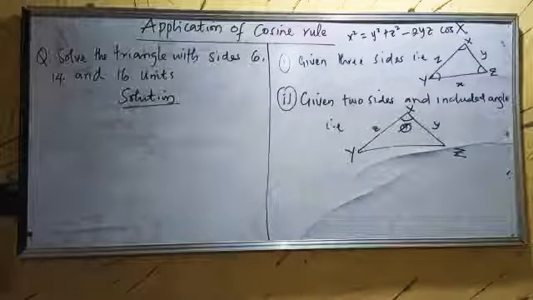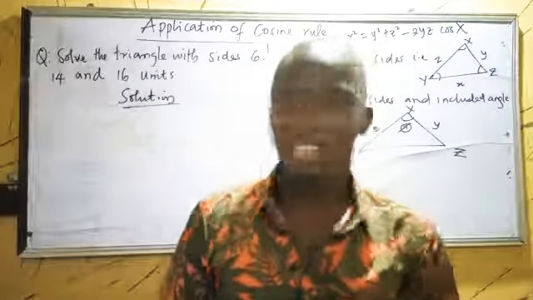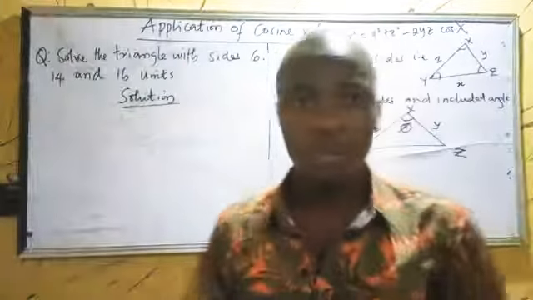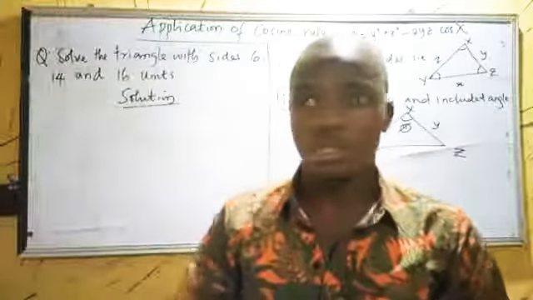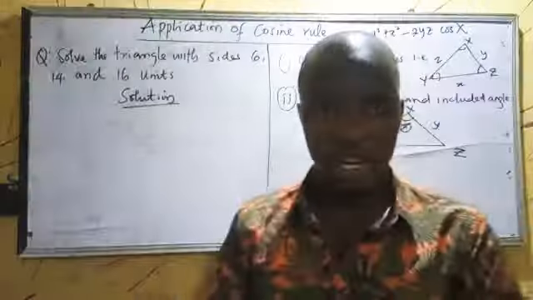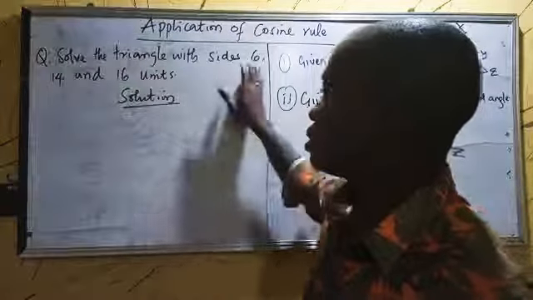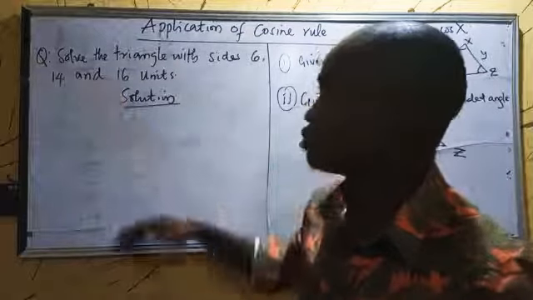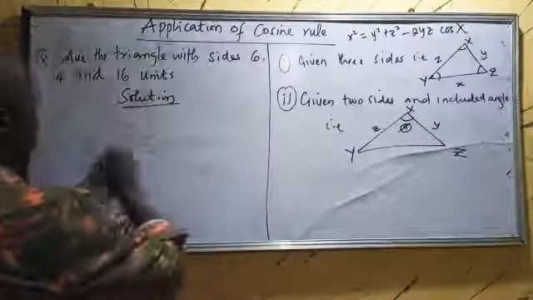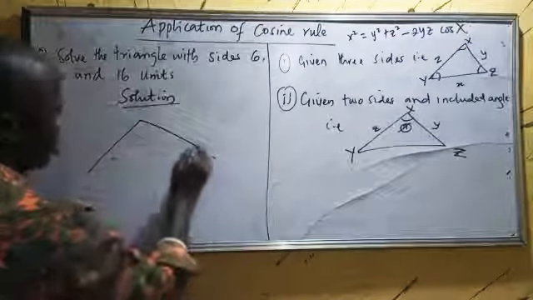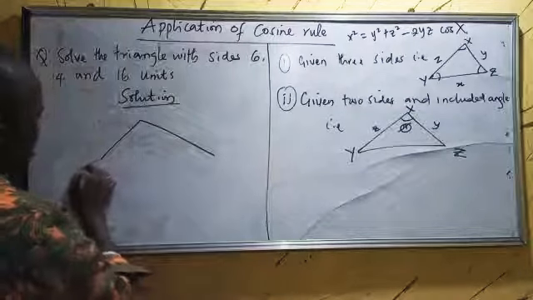Having a solution, you can see that we are not given any diagram here, so we will be the ones to draw the diagram. We are going to consider a rough sketch of the triangle by the sizes given to us, understand? So let's say we have this triangle in the form of this.